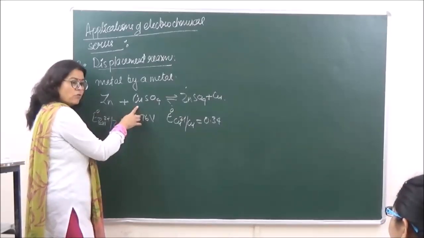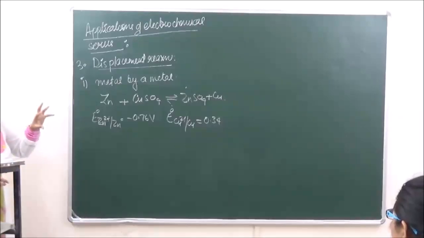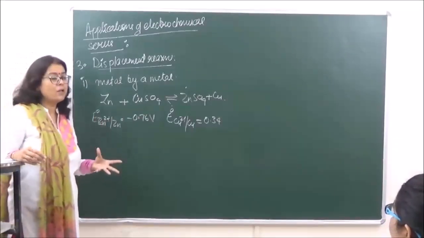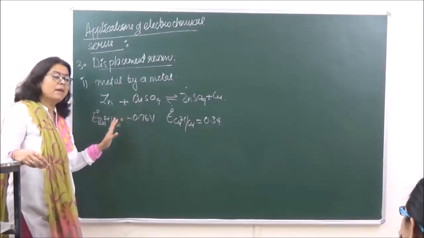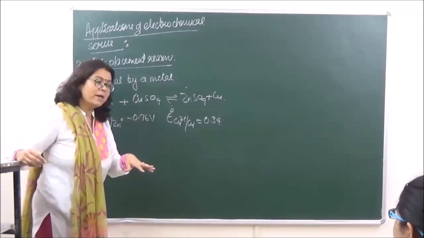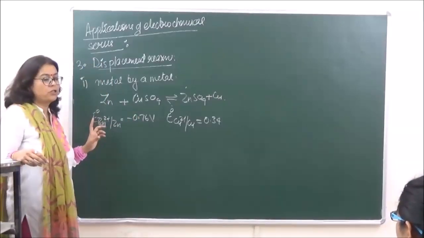Therefore, it is taking the place of copper. So all the metals having a higher negative value of reduction potential can easily displace the metals having either a lower negative value of reduction potential or a positive value of reduction potential.